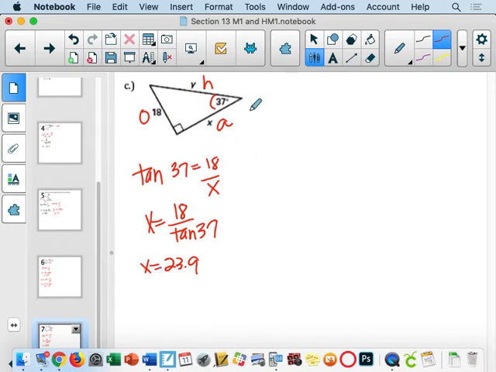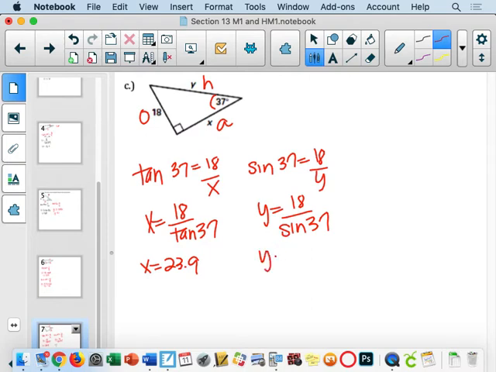To solve for y, we're going to use sine, and it's going to be sine of 37 equals 18 over y. Again, with the variable in the bottom, we're going to swap them and divide. So in your calculator, you're going to have 18 divided by the sine of 37. And again, we are not going to round up this 29.